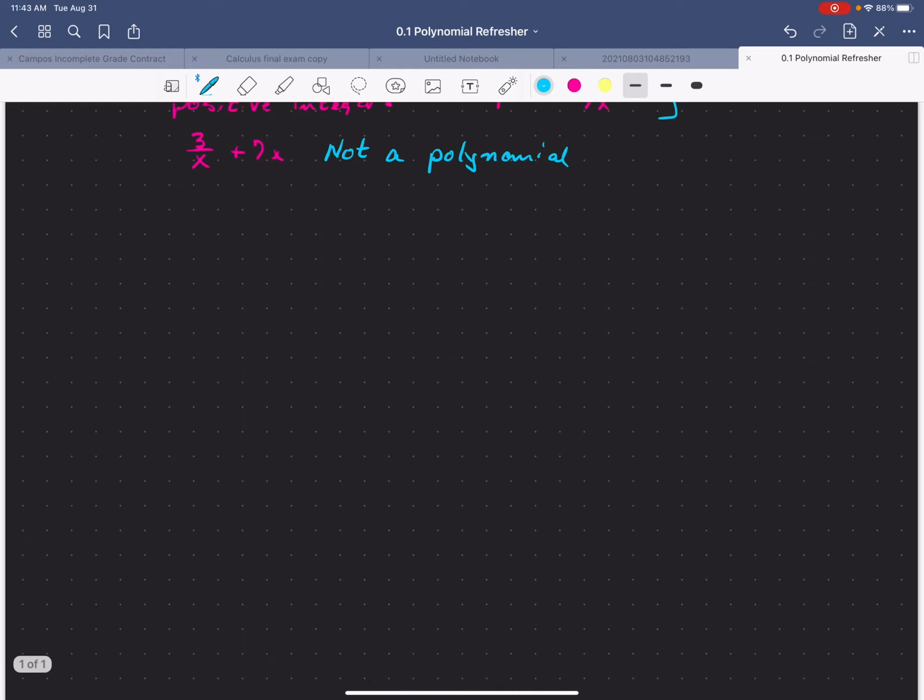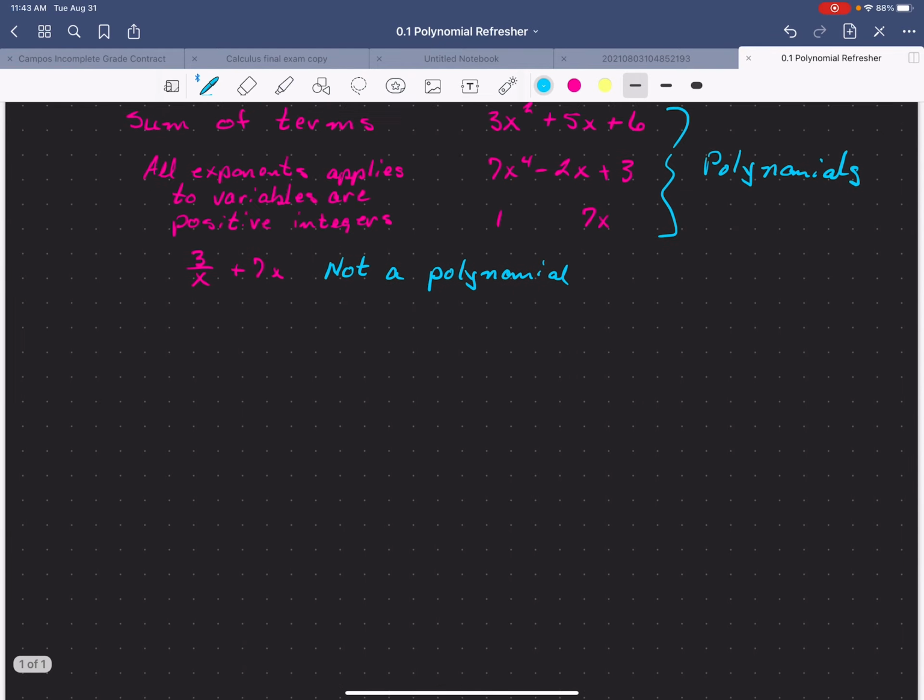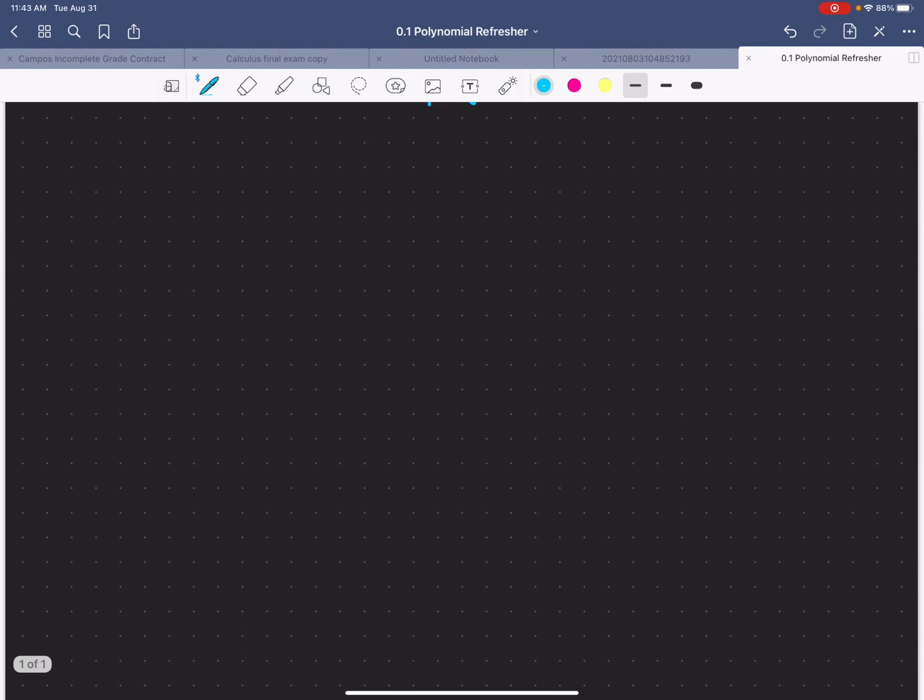Okay. So take a look at this example. 7x to the fifth plus 5x squared minus 3x plus 2. Question I have for you: is this a polynomial?